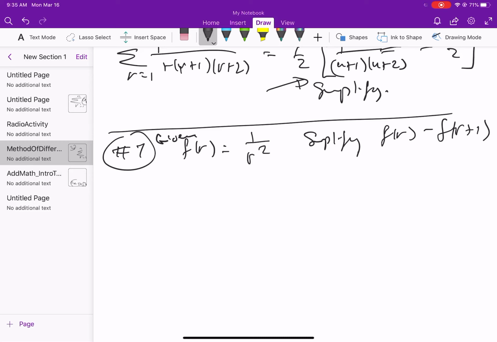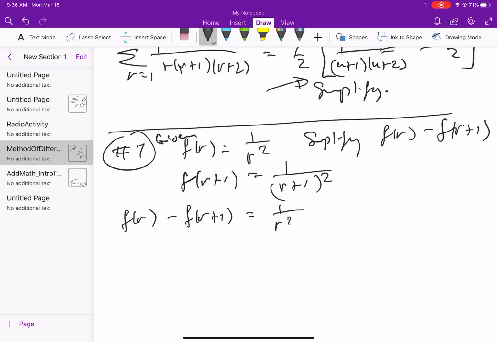Well, f of r plus 1 has to be 1 upon r plus 1 all squared, and therefore f of r minus f of r plus 1 is equal to 1 upon r squared minus 1 upon r plus 1 all squared.